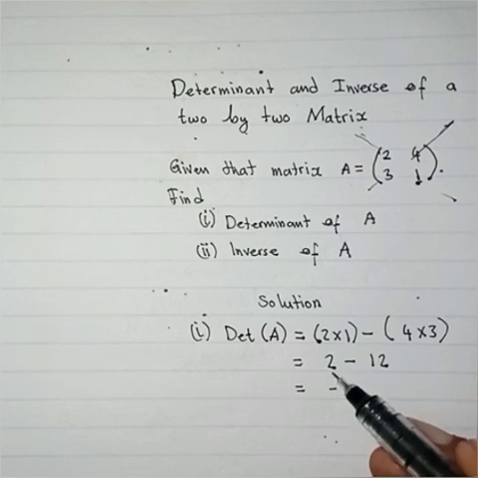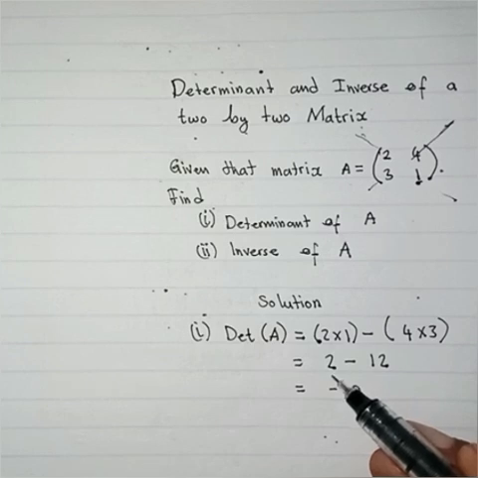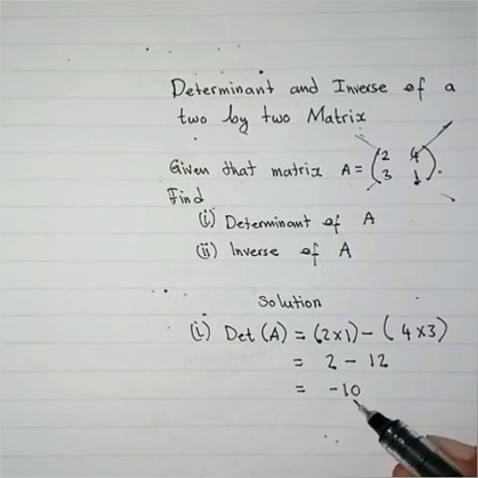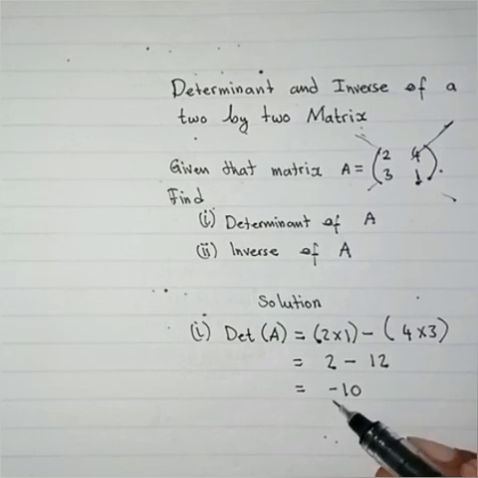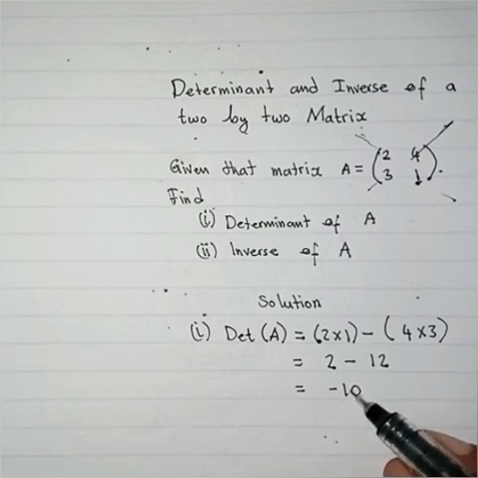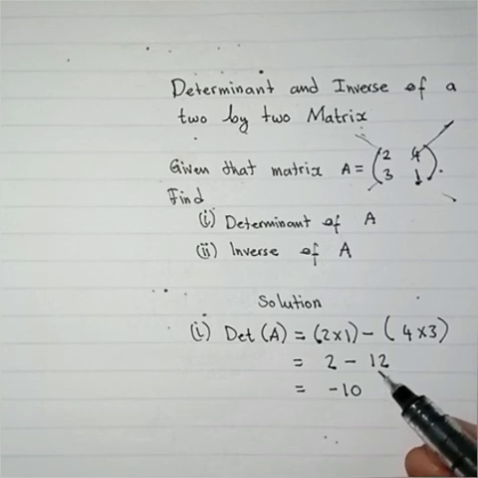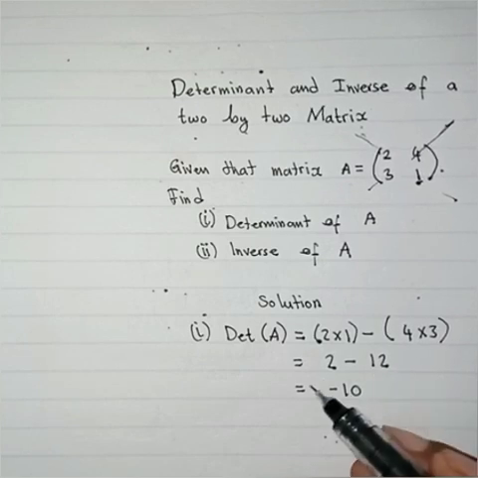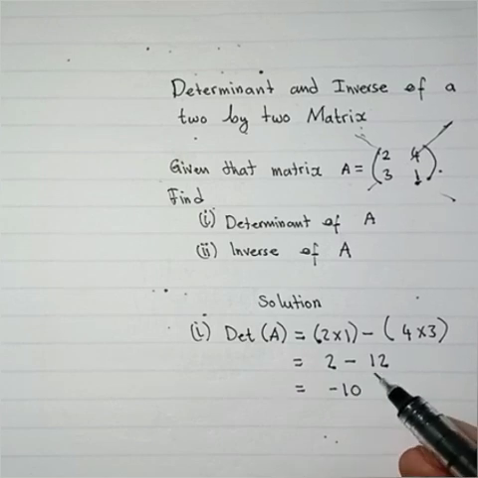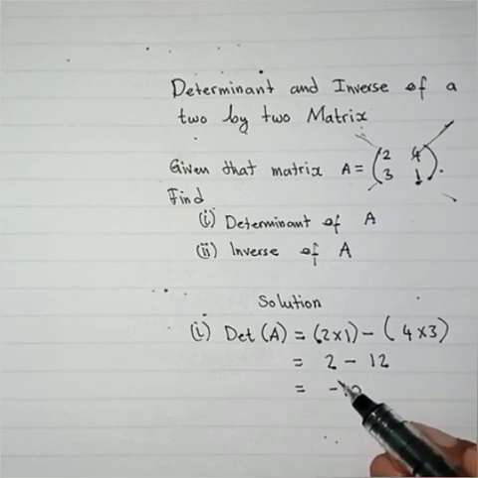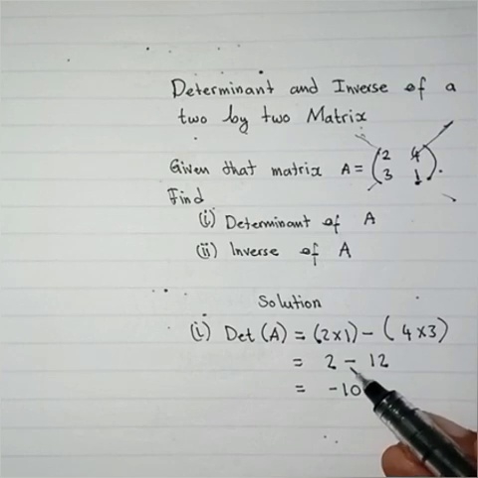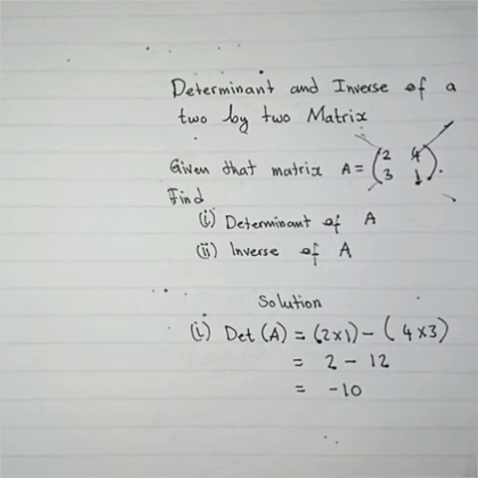When the signs of the numbers are different, we subtract. So 2 minus 12, we get 10. But why are we getting negative 10? The rule, we always get the sign from the number which is numerically larger. So 12 is bigger than 2, so we get the sign from 12. The answer is negative 10.